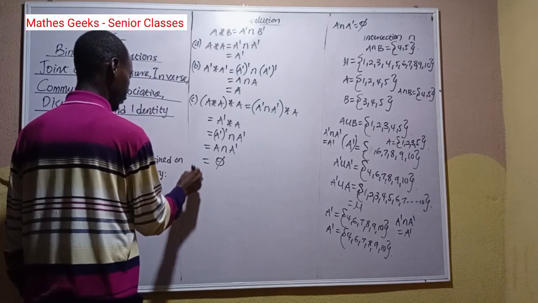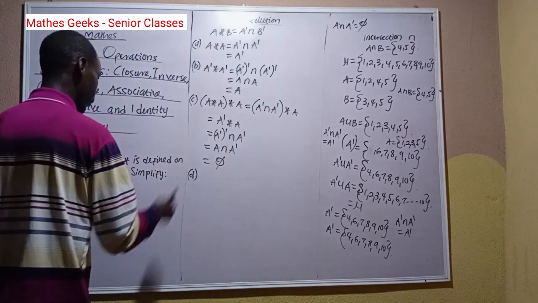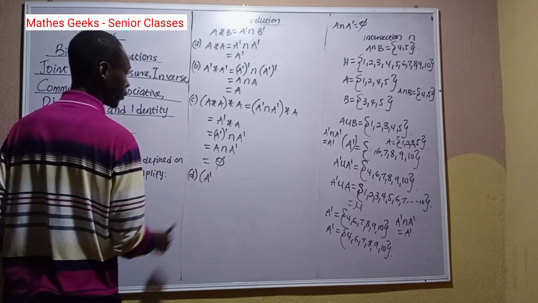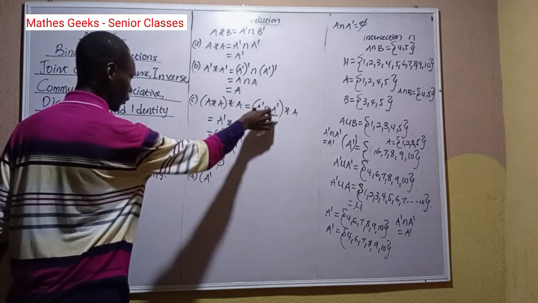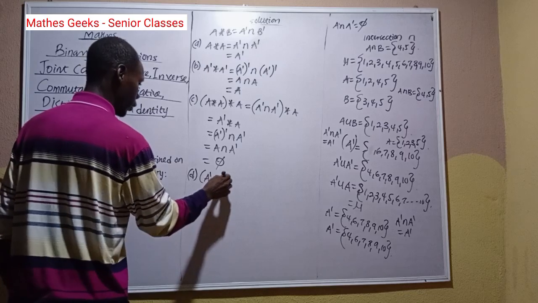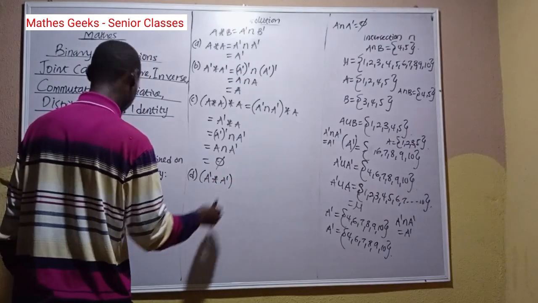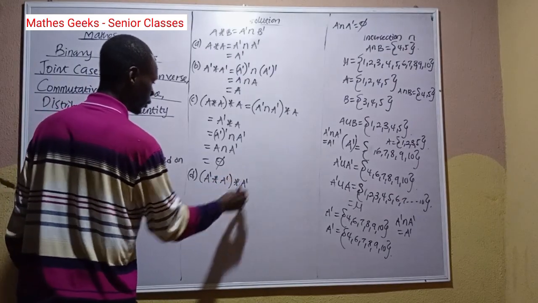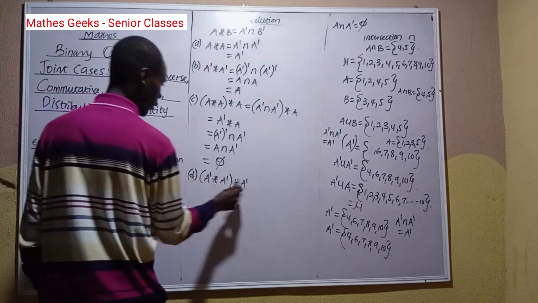And then D: A complement star A complement star A complement. Let's work with the bracket first.